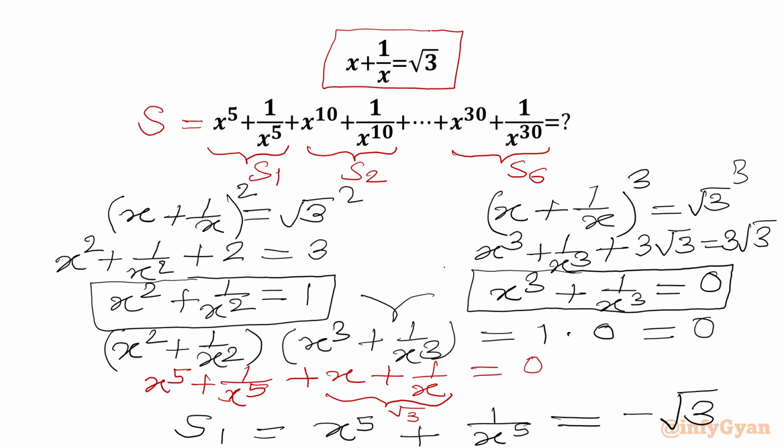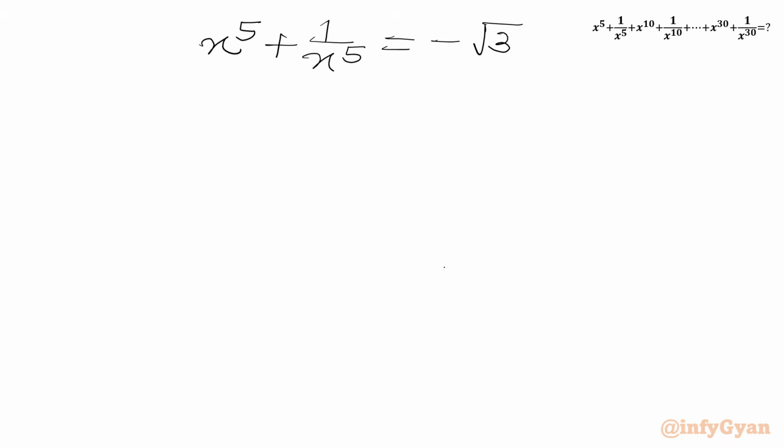Now we have to calculate S2, which is x power 10 plus 1 over x power 10. We will square this equation. So I will write here x power 5 plus 1 over x power 5 equal to minus square root 3. Now we will put power 2 on both sides.